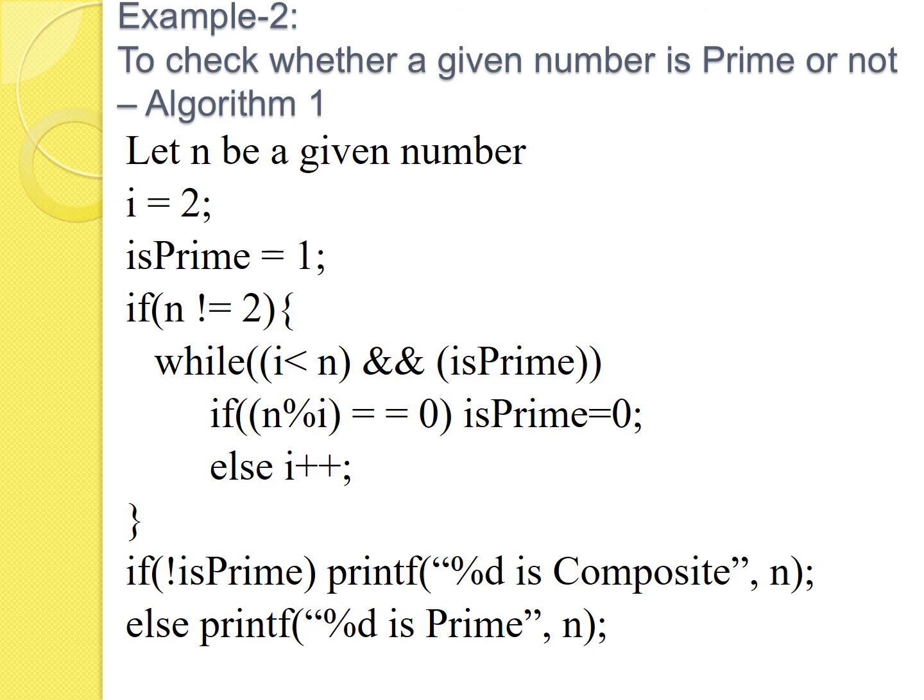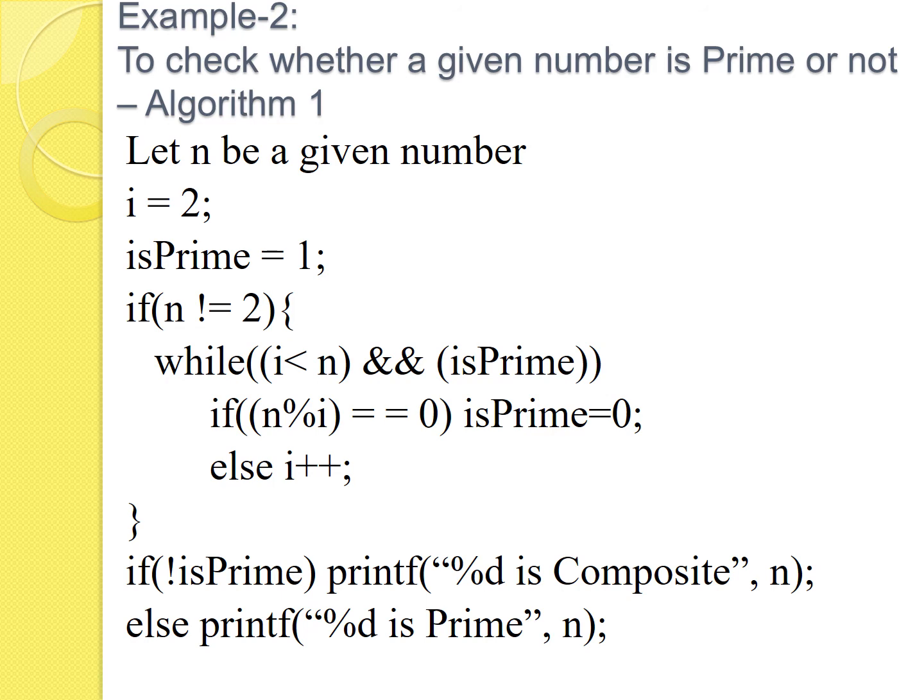To implement this algorithm in a computer, we assign the variable n to the number, and is prime is a flag variable to indicate whether n is prime or not. Is prime is set to 1. Using a while loop, we loop across all the numbers less than n and check whether n mod i equals 0.